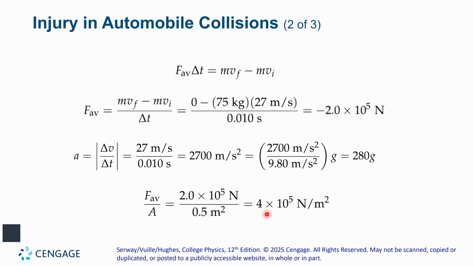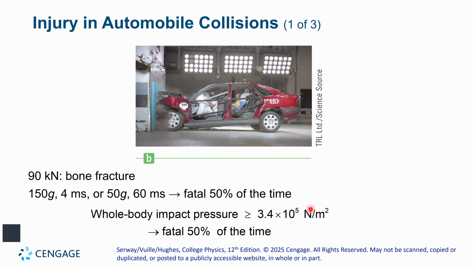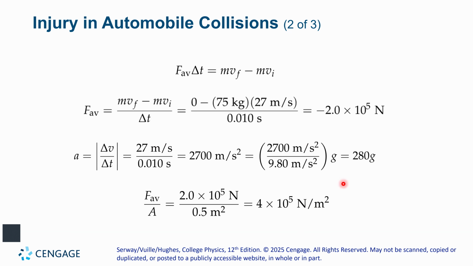We get 400,000 newtons per meter squared, or 400,000 Pascal. And we know that the fatal limit is 340,000 newtons per meter squared. So this speed is definitely very dangerous.